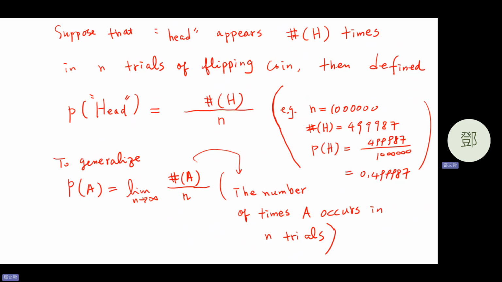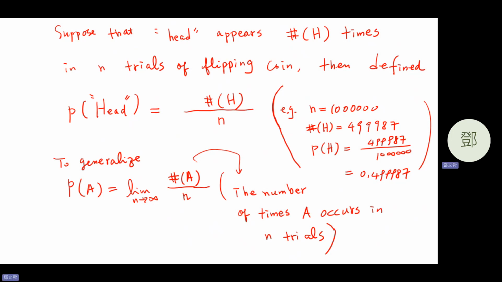To generalize, any event A is defined using the method of empirical probability. It is defined as P(A) equals the limit as n goes to infinity of the number of times A occurs divided by the number of experiments you do, where #A is the number of times A occurs in n trials.